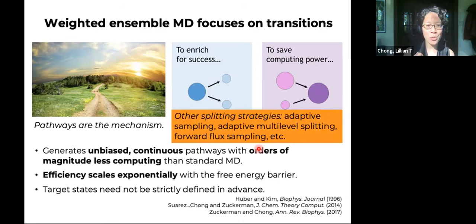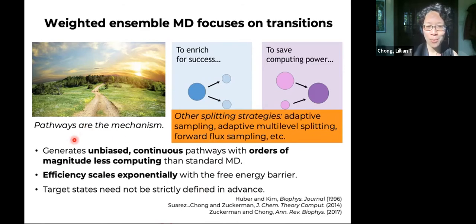And so the ideal outcome from this weighted ensemble strategy is that it generates continuous pathways that are unbiased in dynamics with orders of magnitude less computing time than standard MD. And this efficiency scales exponentially with the free energy barrier, and also the target states do not need to be strictly defined in advance as we're running the simulation.